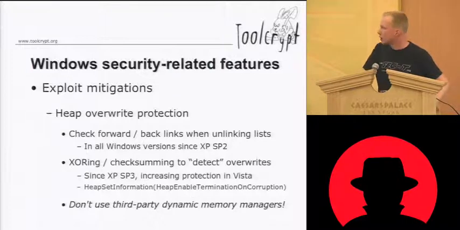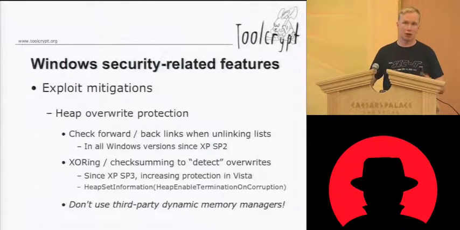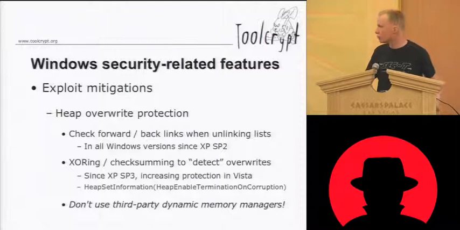You have to set it with the HeapSetInformation API call and the HeapEnableTerminationOnCorruption information class. You can enable these protections so that when heap corruption is detected by these exploit mitigations, your process will die instead of being taken over by an attacker, which is infinitely more preferable to us security people. So there's something you need to be aware of as a developer, that each process needs to, in its initialization routines, call this API call to enable these protections.